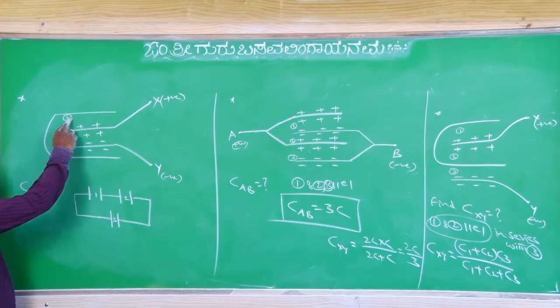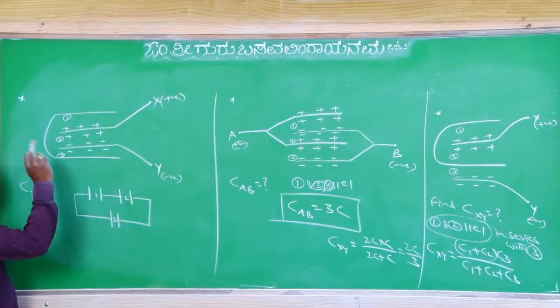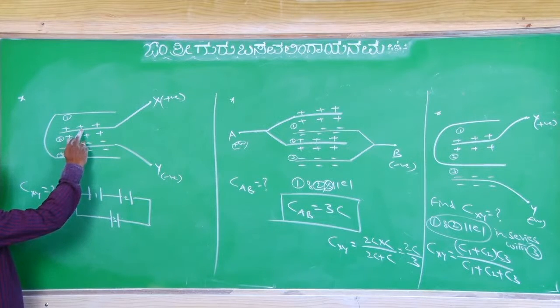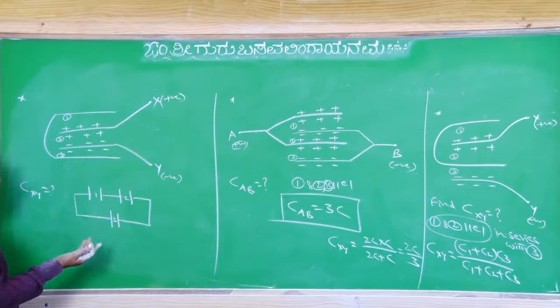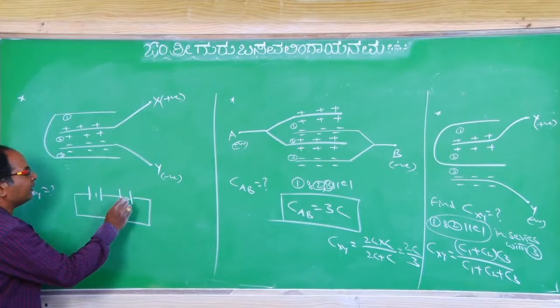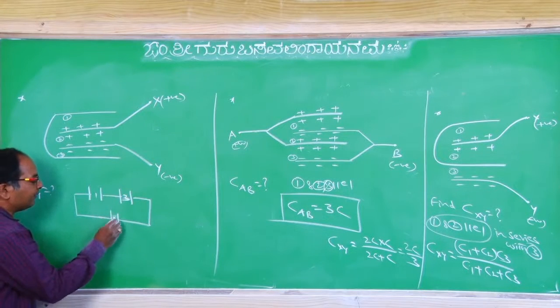Okay, see, first is neutral and positive. And what about second? Positive and negative. So, what are common? 1, 3. 1, 3 series. Second parallel.